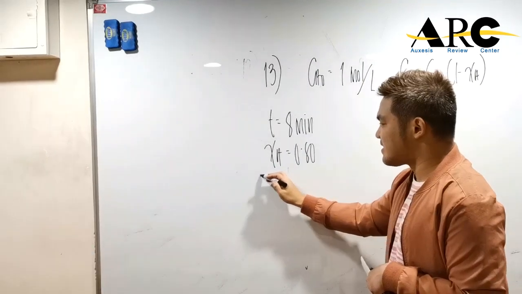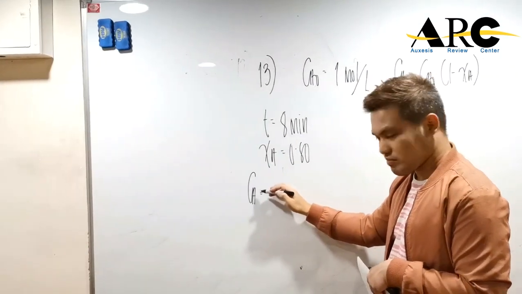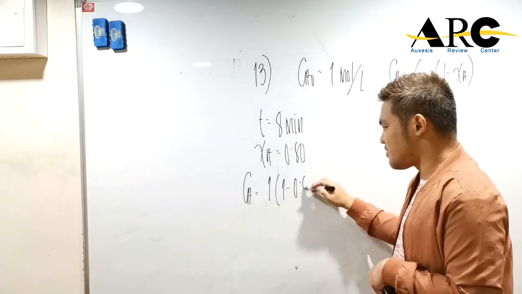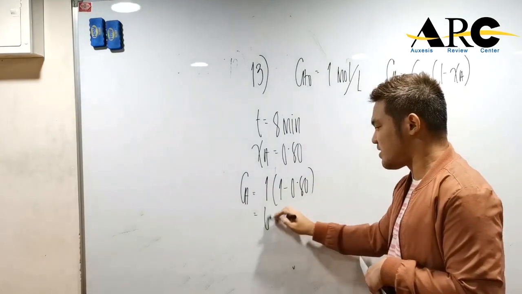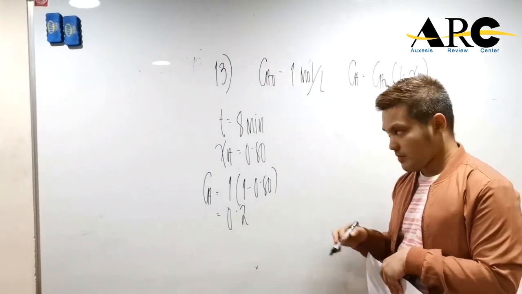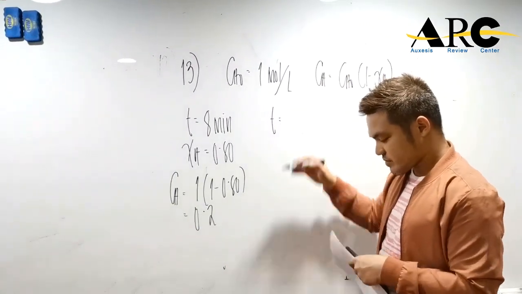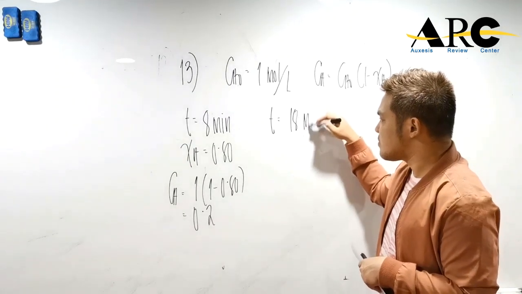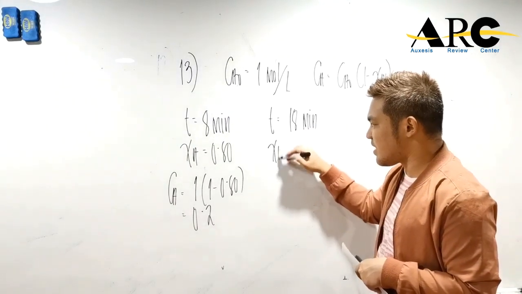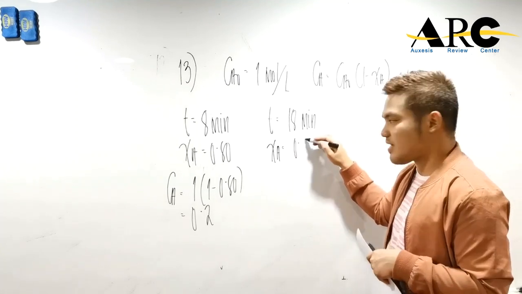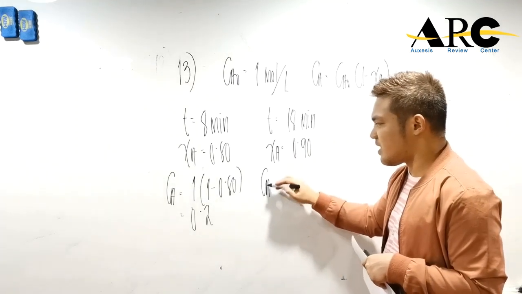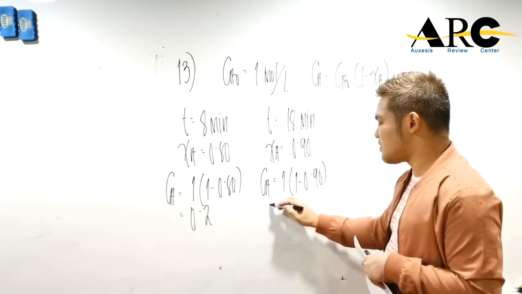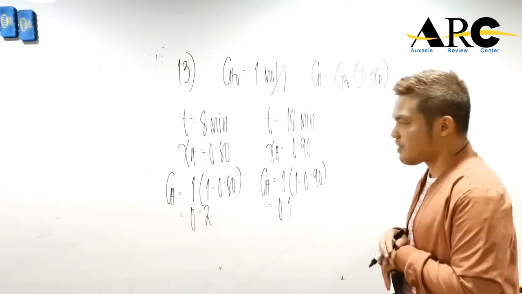So we have Ca is equal to 1 times 1 minus 0.8. So Ca is 0.2. If time is 18 minutes, value of XA is 0.9. Meaning to say Ca is 1 times 1 minus 0.9, which is equal to 0.1.